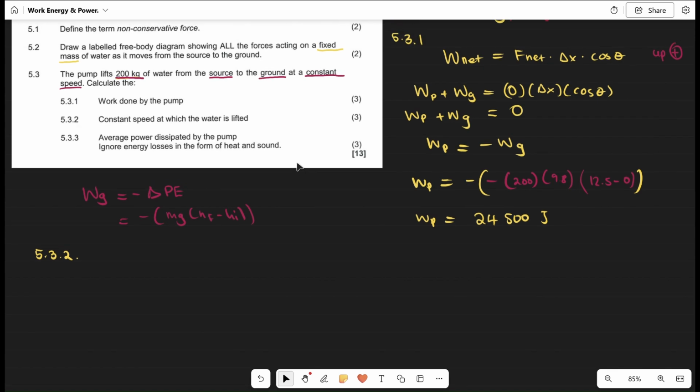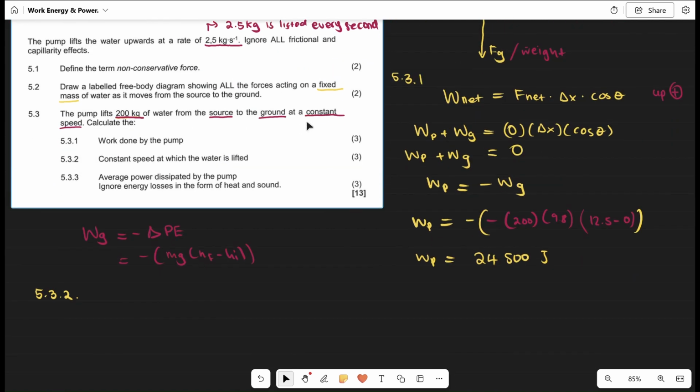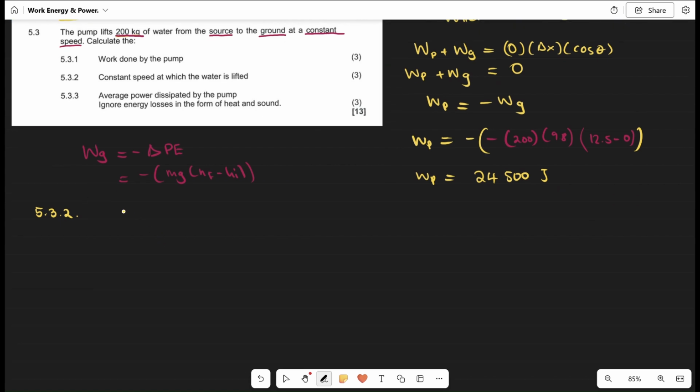For constant speed, we have speed is equal to our change in x divided by our change in t.